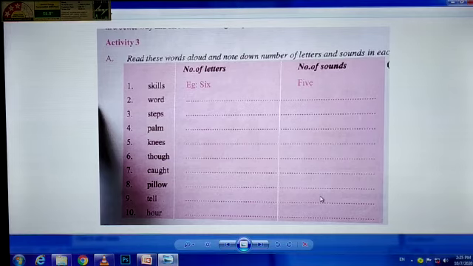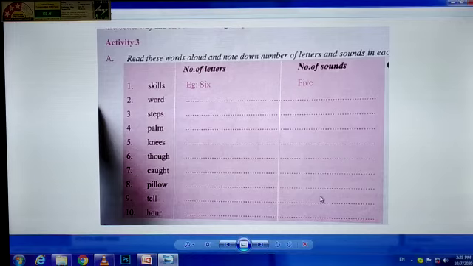Number of letters, you can just count: 1, 2, 3, S-K-I-L-L-S. 6 letters. But whereas number of sounds, if you just pronounce it once again: skills. S, K, I, L, S. So these are all phonemic sounds. It is only 5 sounds. Number of letters is 6. Number of sounds is 5.